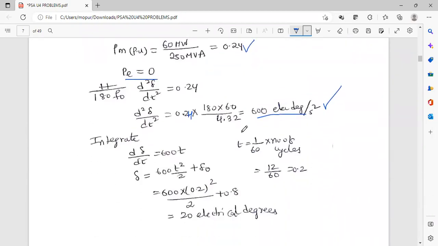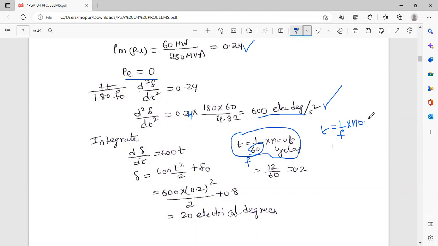We had a formula: time period is equals to 1 by 60 into number of cycles. Actually, the 60 is frequency, so time period is equals to 1 by frequency. We know already that for one cycle, T is equals to 1 by F. For many cycles, we just multiply with the number of cycles.